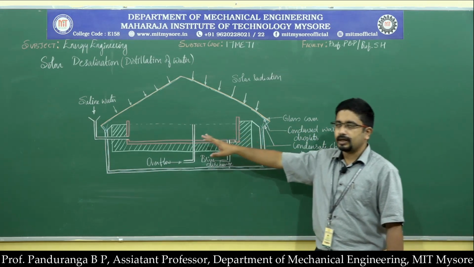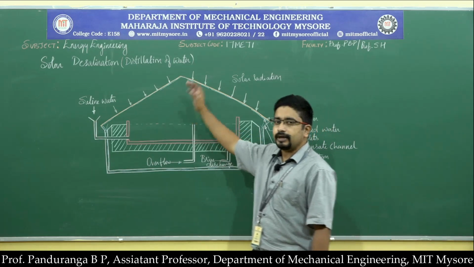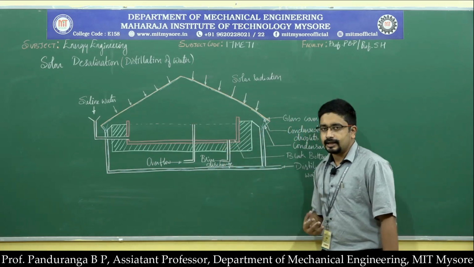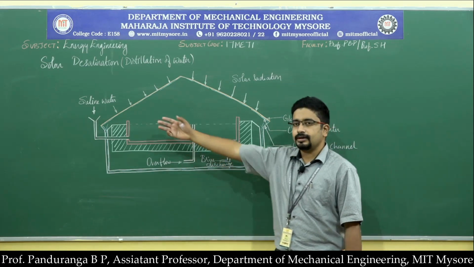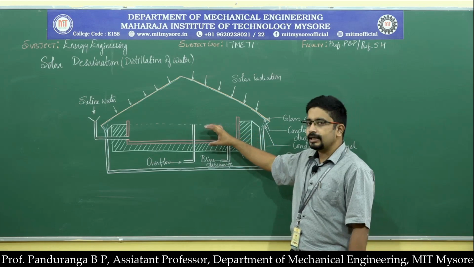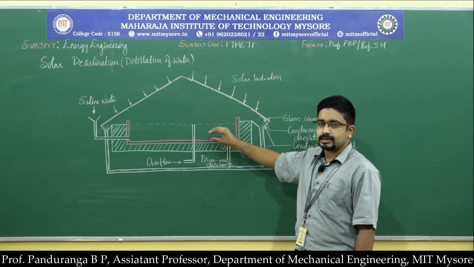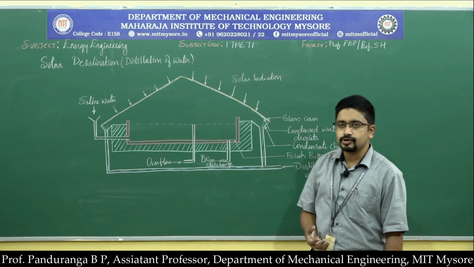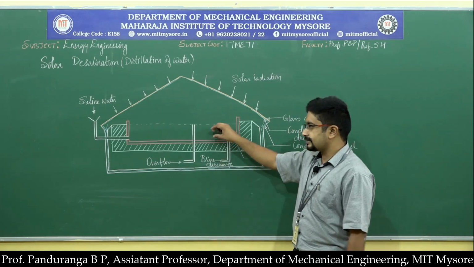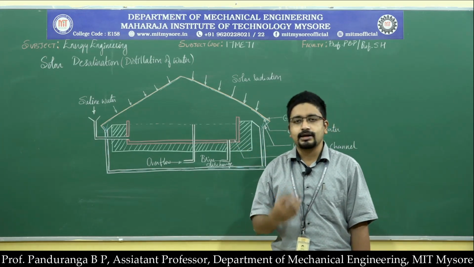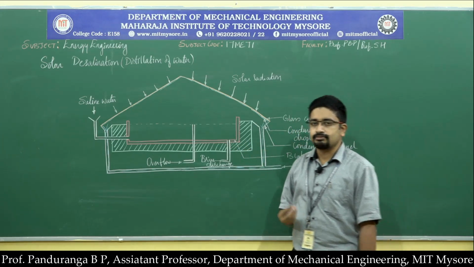So that is the working of a desalination plant, where we use solar heat energy to desalinate water or to remove salts from the saline water. Once in a while, after repeating many cycles of desalination, a very highly concentrated solution of salt will be present, which we call brine.